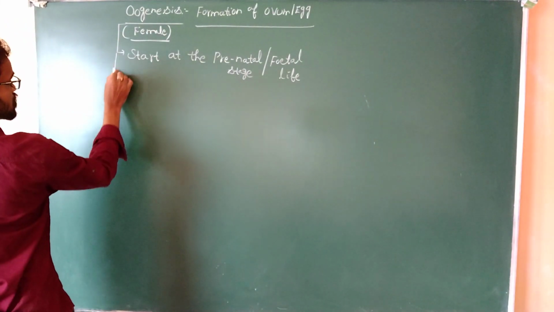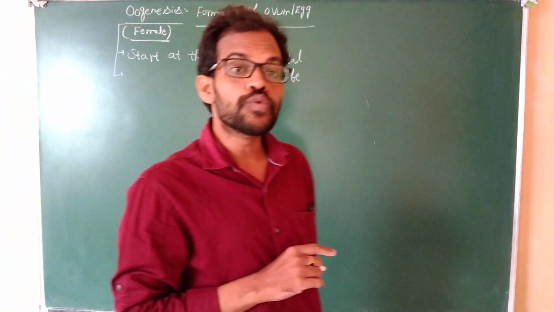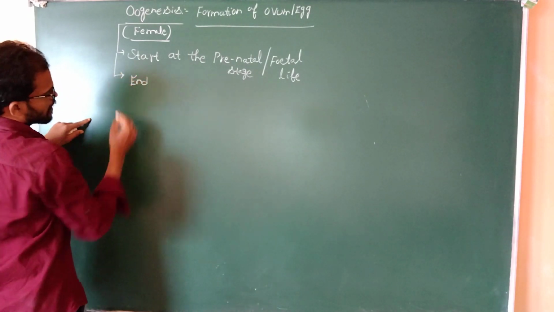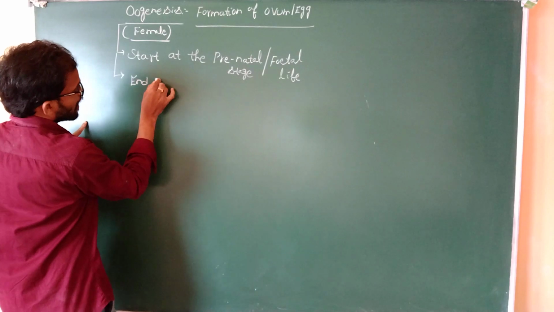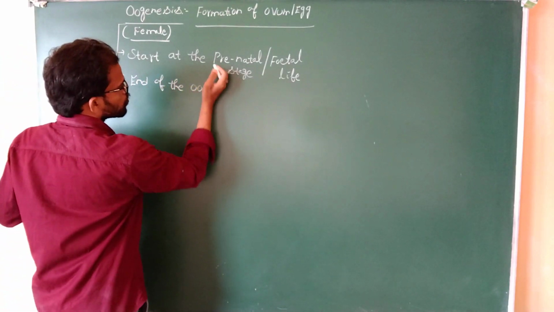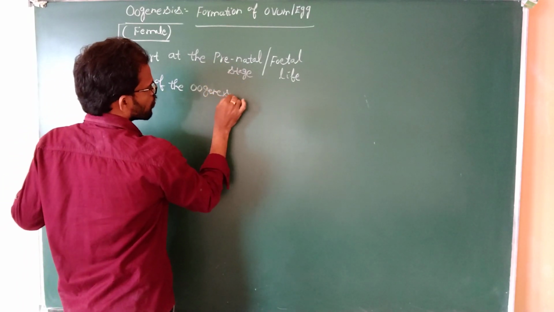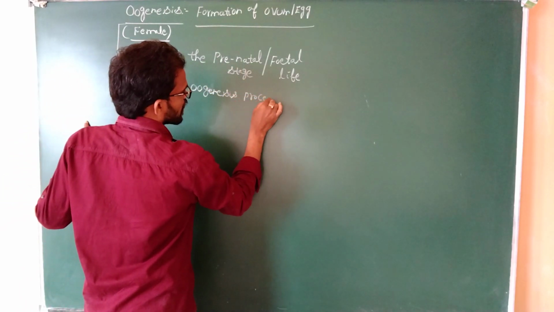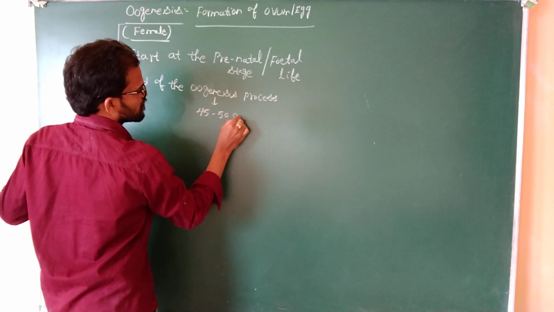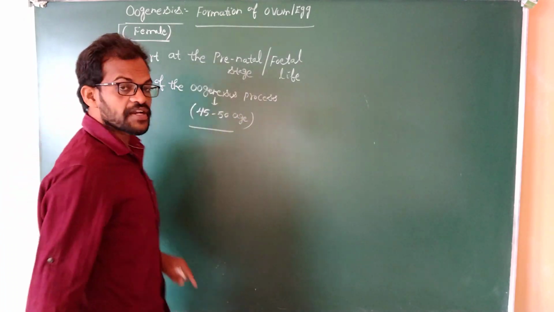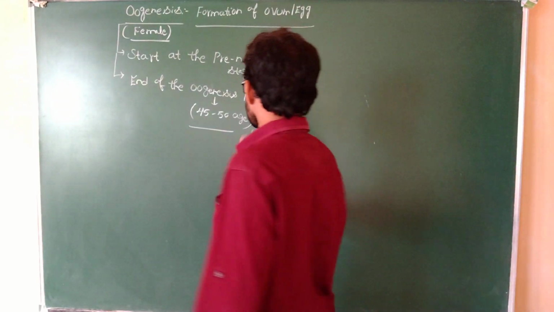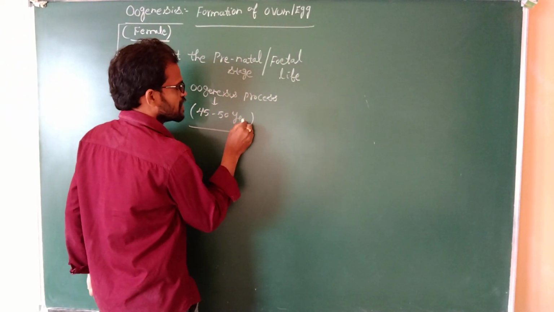The end of the oogenesis process is at 45 to 50 years.